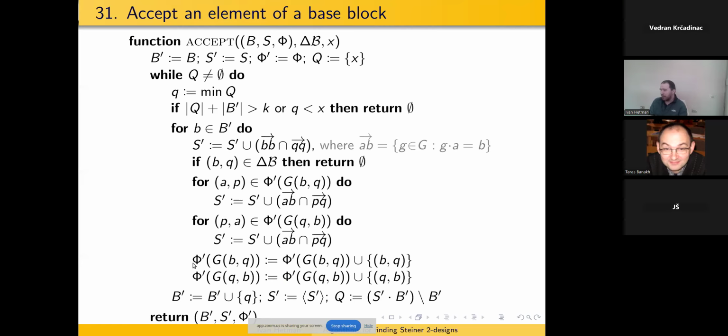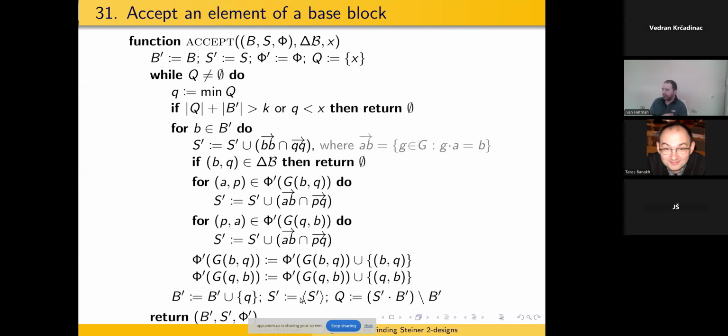Then we extend this function phi, adding the pair BQ and QB to the corresponding orbits. And in the end, we do the following. We firstly add Q to the block B prime, though this is just simplified notation; in the implementation, it is different.